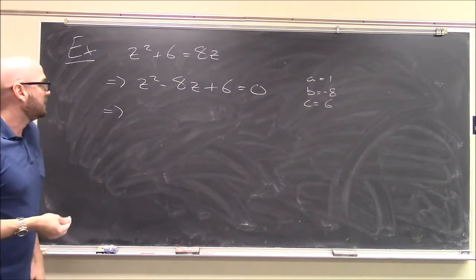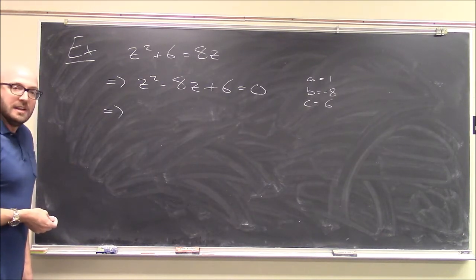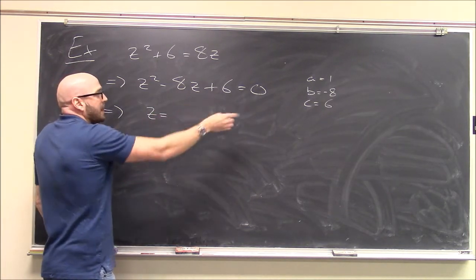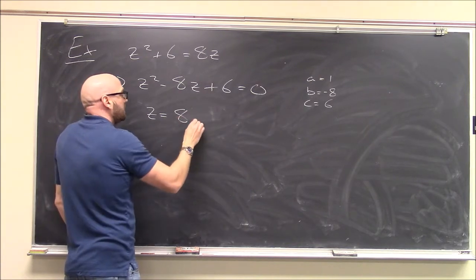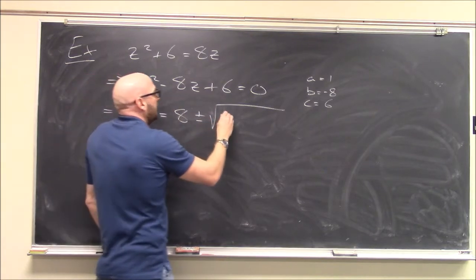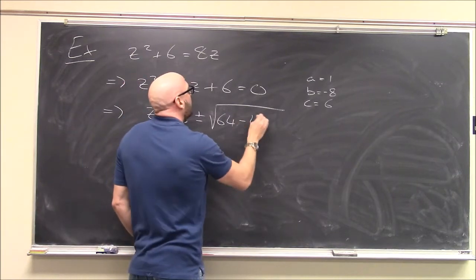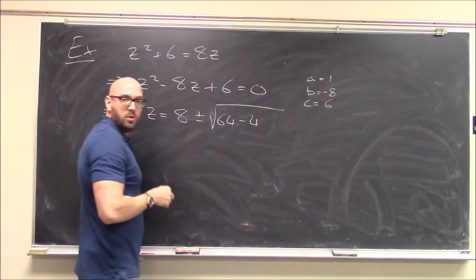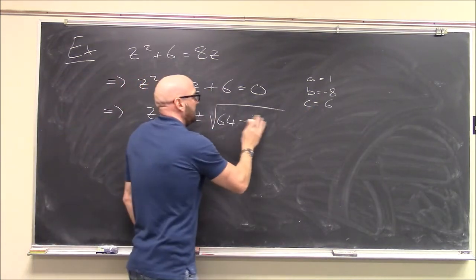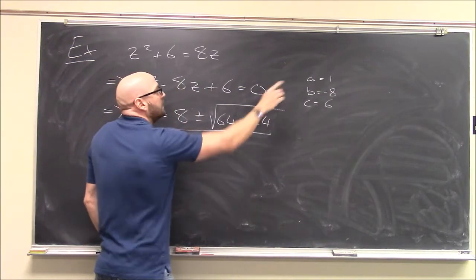And I could try to factor this. Go ahead and try and factor this, see what you get. But in the interest of using the quadratic formula, let's just go straight to it. This means z is going to be minus b, so minus 8, positive 8, plus or minus the square root of b squared. 8 minus 8 squared is 64, minus 4 times a, 4 times 1, times c, 4 times 6. 4 times 6 is 24, all over 2 times a, 2 times 1.